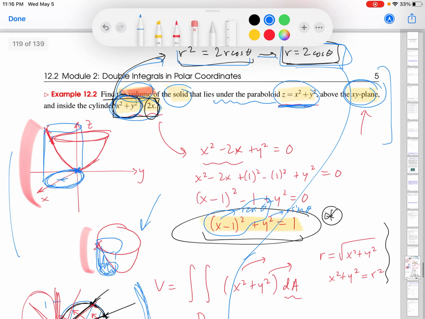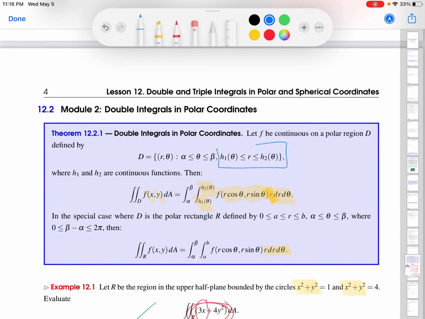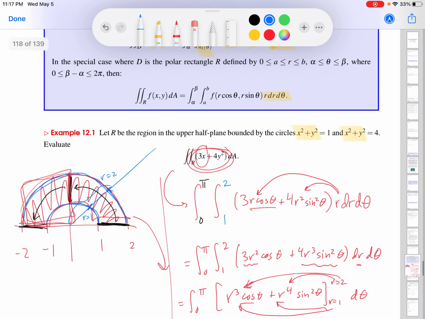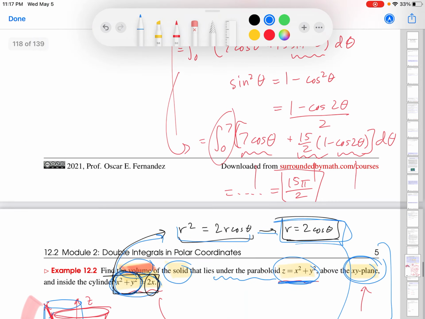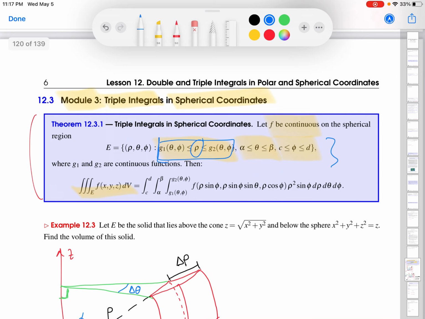I will scroll up to just remind you of what I'm talking about there. So remember this version of the definition for the double integral, where r went from the h1 of theta to h2 of theta. Similar thing going on here, where rho goes from some function, in this case of theta and phi possibly, to another function of theta and phi.